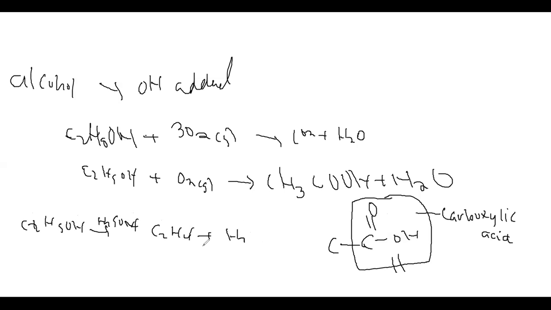Notice C2H4 is the alkene, also known as ethene. Okay. Again, carboxylic acid right here.